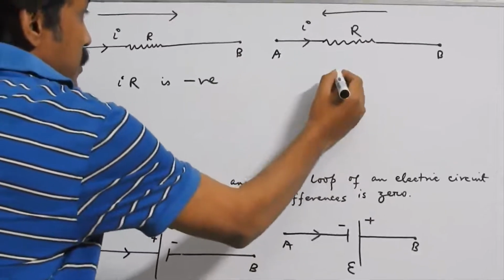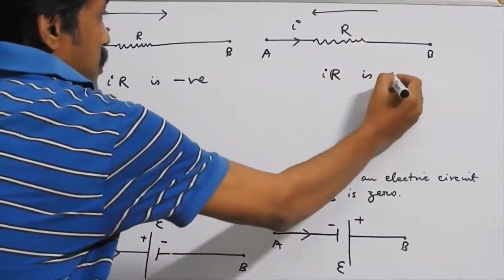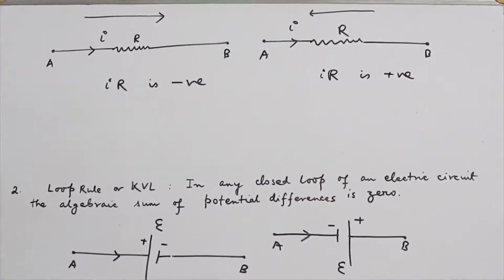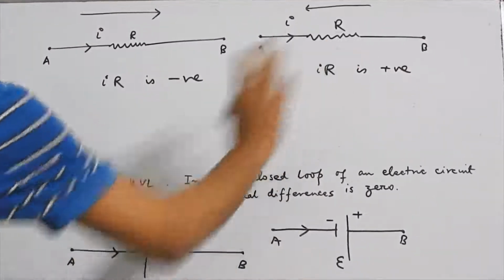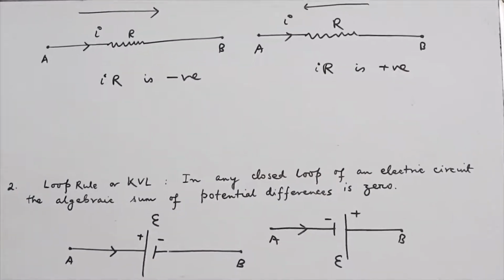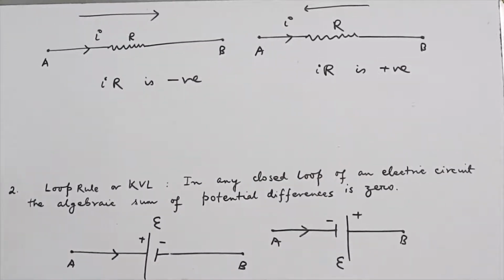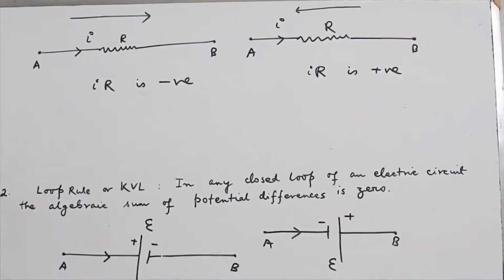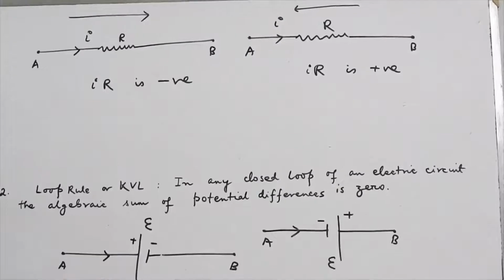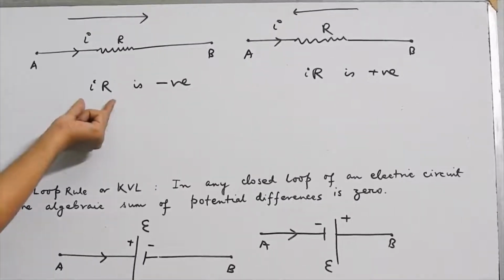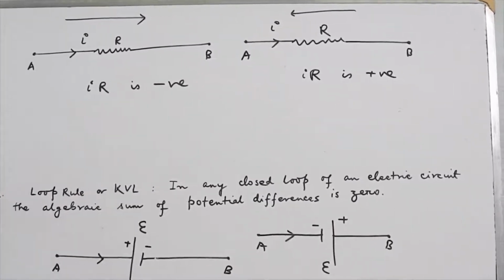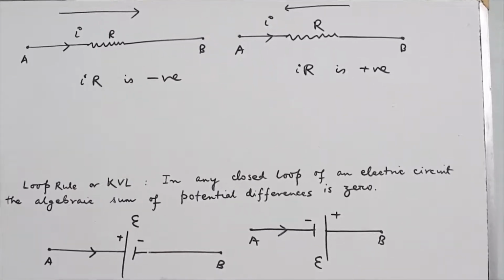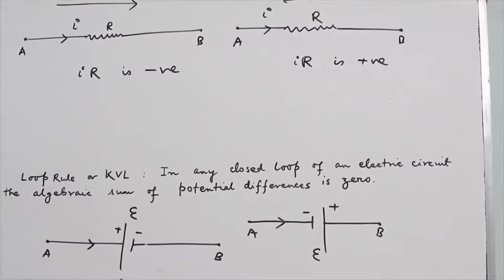That means the potential difference IR should be taken as positive. It also means that if you are moving opposite to the direction of movement of current, then the product IR should be taken as positive. So this is to be analyzed in any closed path of an electrical circuit, and the sum of all those potential differences, including the battery EMF, including the product of I into R, and if there is some capacitor, you have to consider Q by C, so the algebraic sum of all these potential differences should be 0.